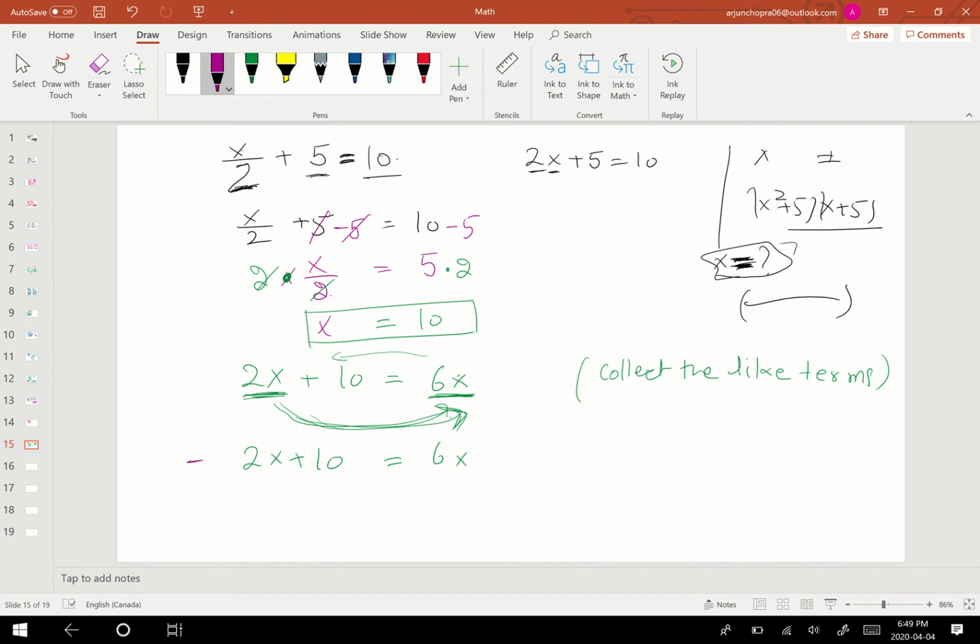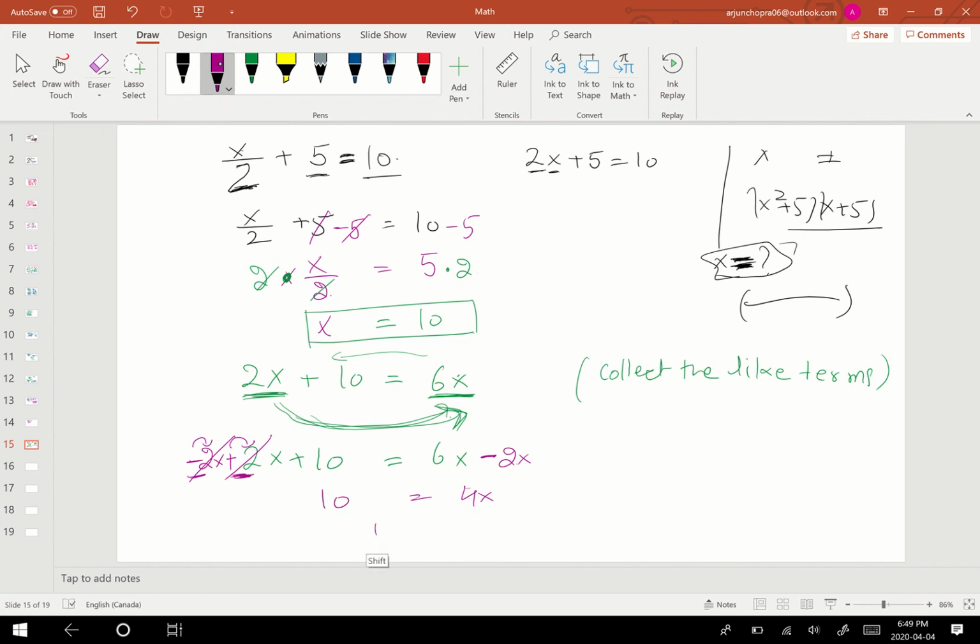The sign in front is counted as the sign of that term, so this plus sign belongs to this term. So now minus 2x, and then this 2x will cancel out. 6x minus 2x will give me 4x, and this value will be equal to 10.